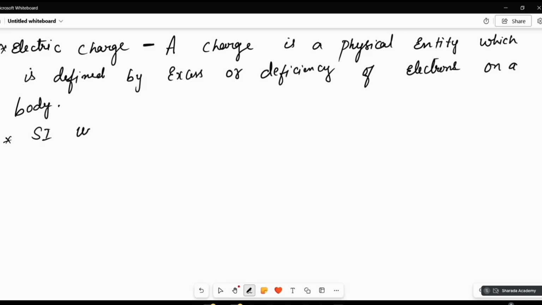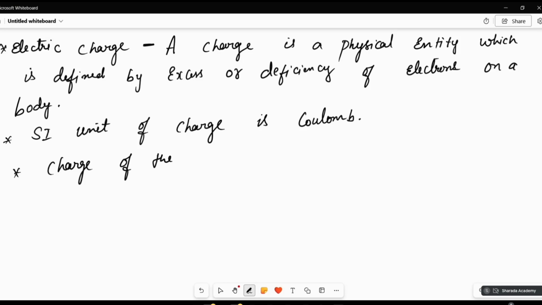SI unit of charge is coulombs. Charge of one electron is equal to 1.6 into 10 to the power of minus 19 coulombs.